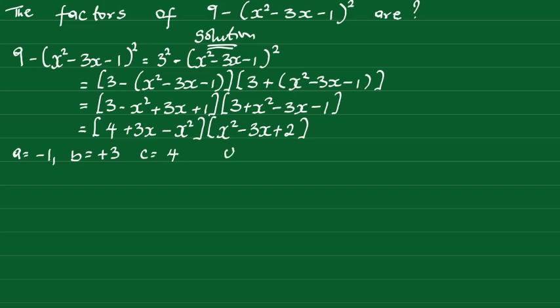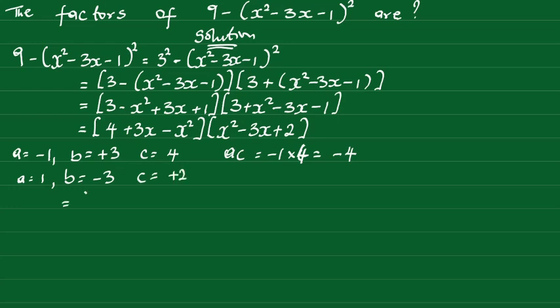Minus 1 times 4 gives us minus 4 as a value for AC. Meanwhile, from our second bracket, we have the value of a equal to 1, value of b equal to minus 3, while value of c equal to plus 2.